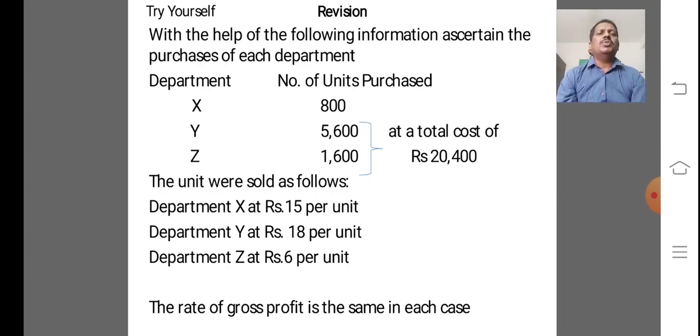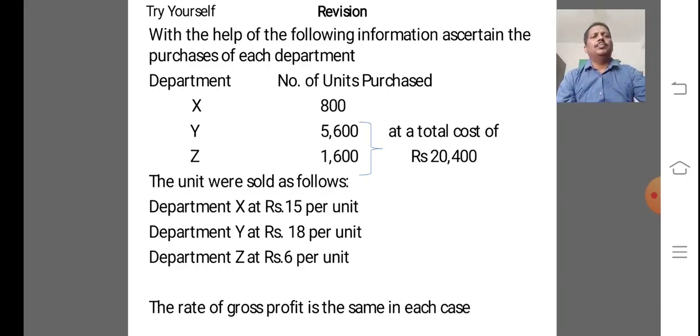The units were sold as follows: Department X at rupees 15 per unit, Department Y at rupees 18 per unit, Department Z at rupees 6 per unit. The rate of gross profit is the same in each case. So you have to ascertain the purchases of each department by referring to the 2 problems I have already given.